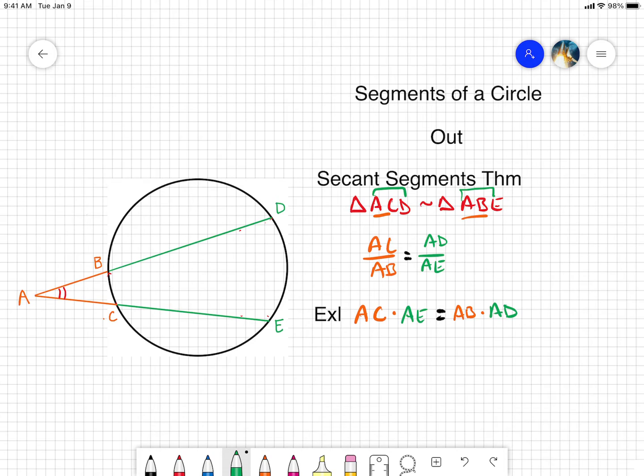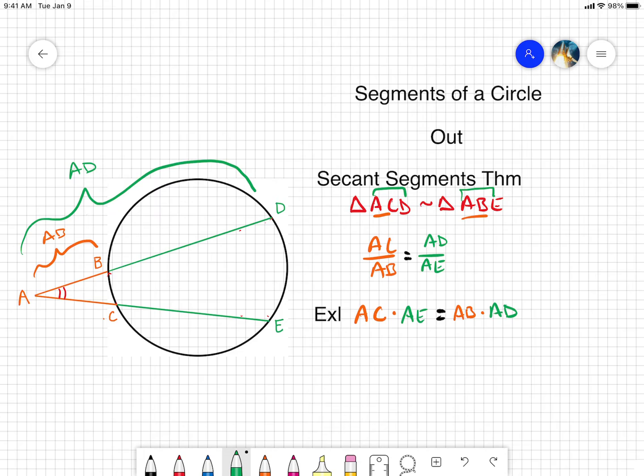And you're probably looking at that going, oh, it's just like before where it's the little part times the bigger part, little part times the bigger part. Pay attention, right? Each of these segments has A in it. So what we're actually doing when we have an intersection outside of the circle is I have AB times AD.